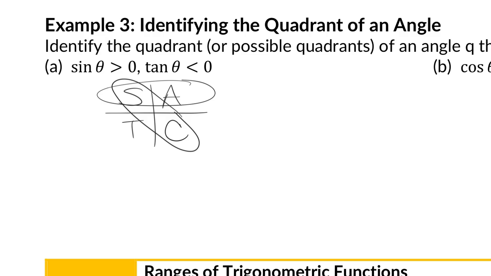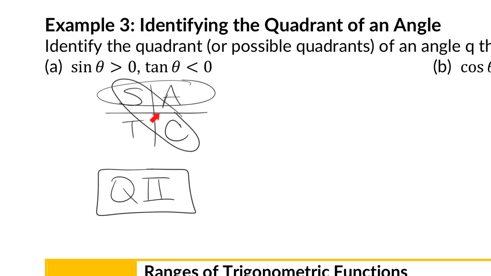If sine has to be positive but tangent has to be negative, which quadrant should I be in? Quadrant 2. That's where the overlap is, because tangent is positive in the A and the T quadrant, which means it's negative in the S and the C quadrant.